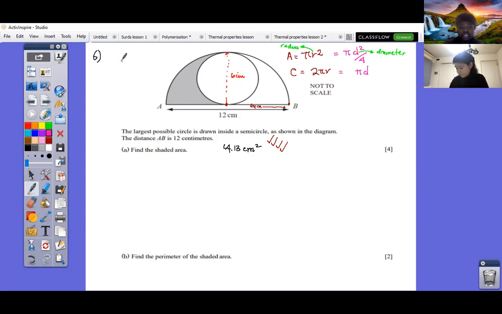Now, another shape that you need to know is the triangle. Do you know how to calculate the area of a triangle? Good. Half base times height. Is that what you had in mind? Good. And then the area of a trapezium, that's another shape you need to know.